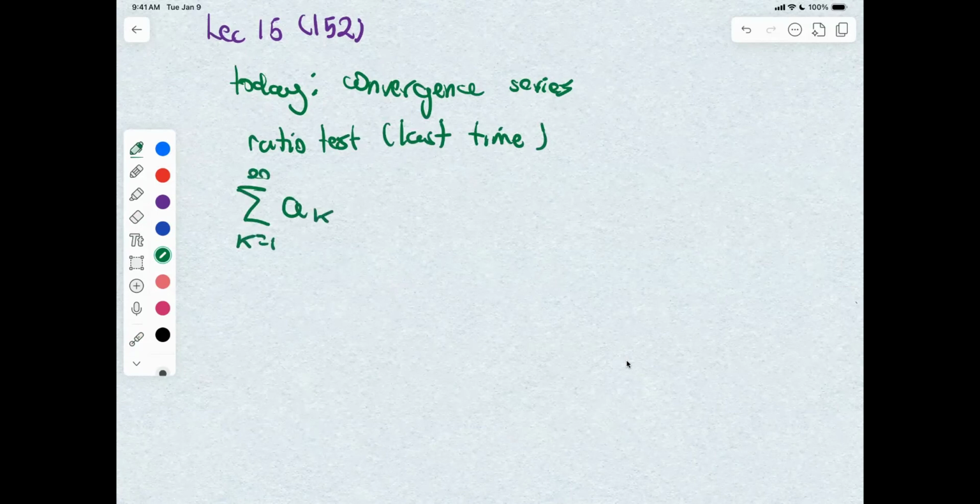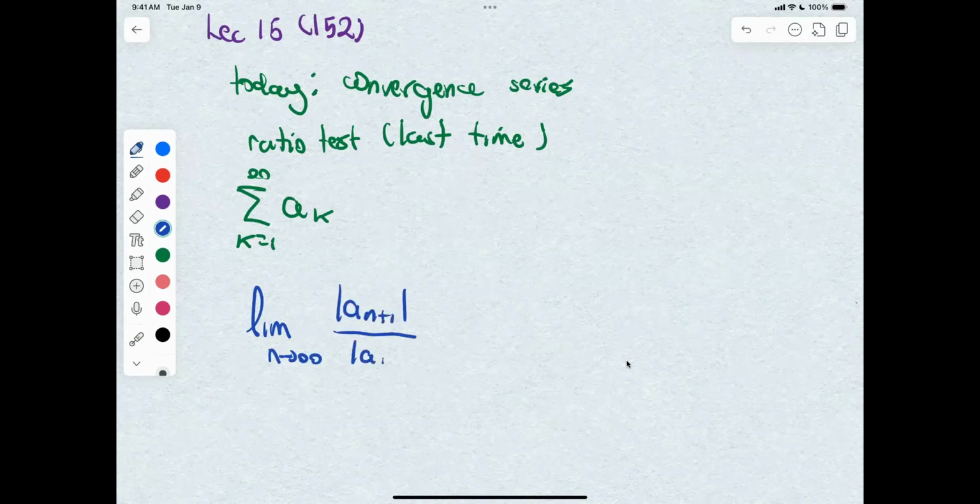What the ratio test said is that you have a series and you look at the successive ratios of the terms in the series and look at how they behave. So what you would do is find the limit as n goes to infinity of a_{n+1} in absolute value divided by a_n, right?